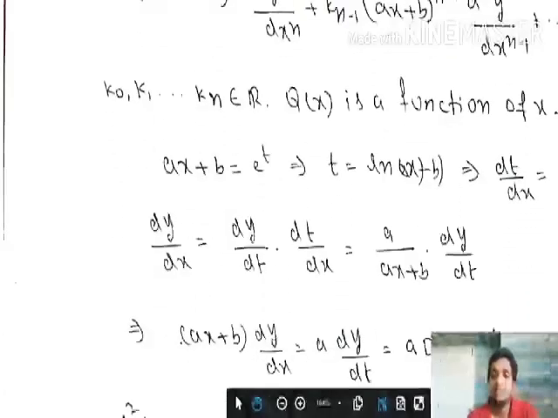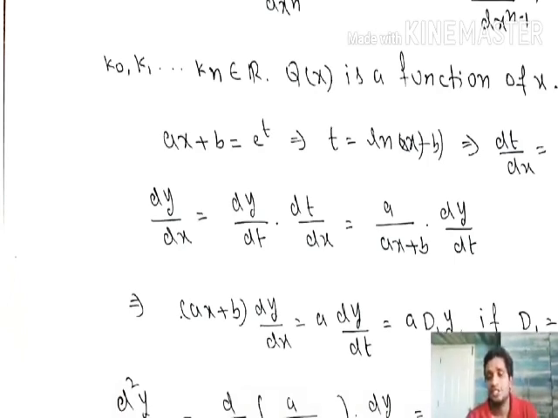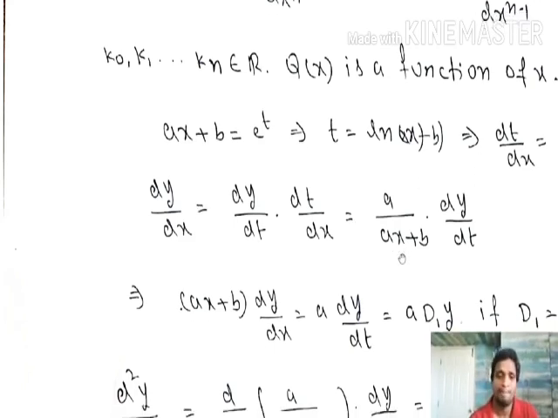Here in the Cauchy-Euler equation, it is 1 by x. Here it is a by (ax plus b). Then dy by dx we can't differentiate directly, because y is a function of t and t is a function of x. So dy by dt into dt by dx. Dy by dt is the same, and dt by dx we have found as a by (ax plus b).